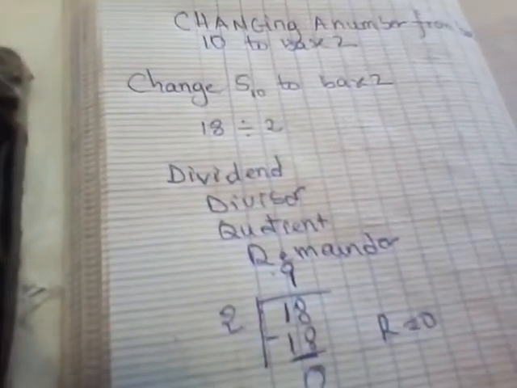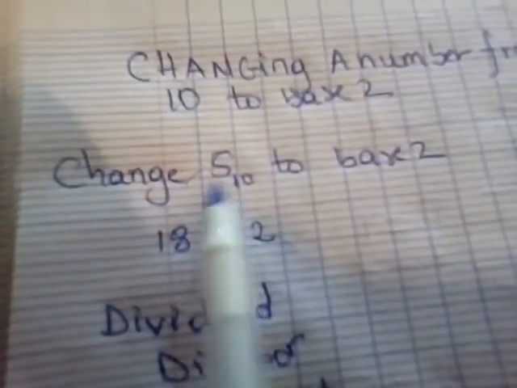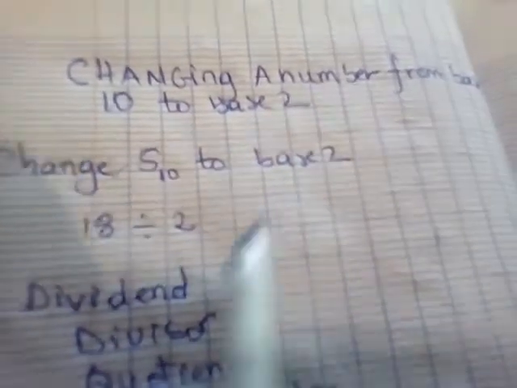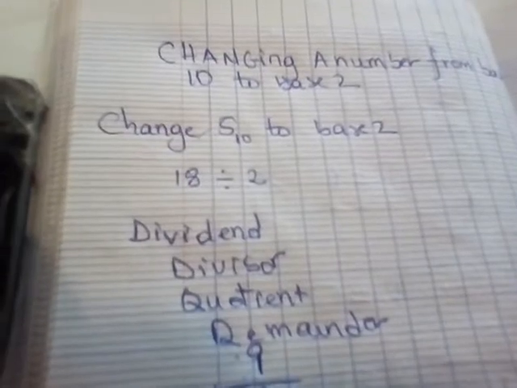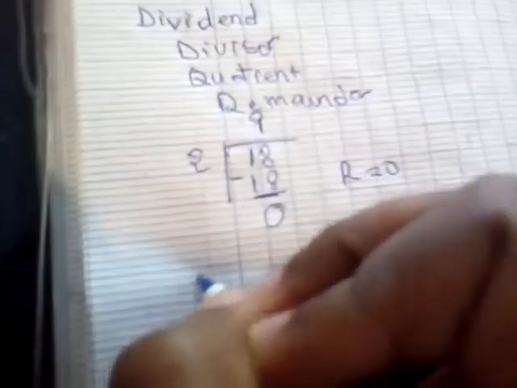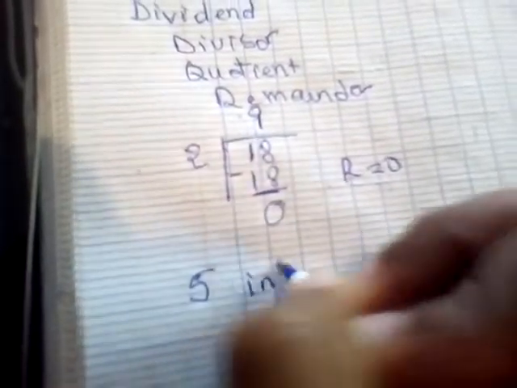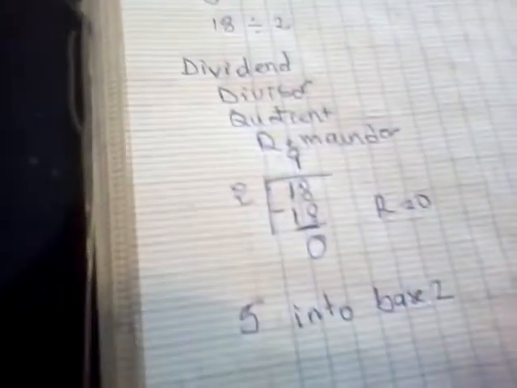So this is basically what we are going to use to change 5 in base 10 into base 2. How do we do it? We have to divide, and it is a very simple thing. So let's divide. I'm changing 5, which is already in base 10, into base 2.